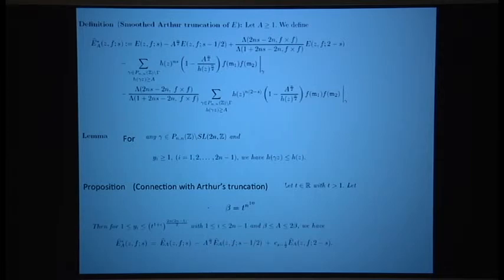The height function gets smaller when we act with the action of gamma. So that's why if the truncation parameter is very big, then all the tails in the definition of the modified truncated Einstein series will be gone. So it's essentially just the top term in the definition of the modified truncated Einstein series. So that's because of the lemma.